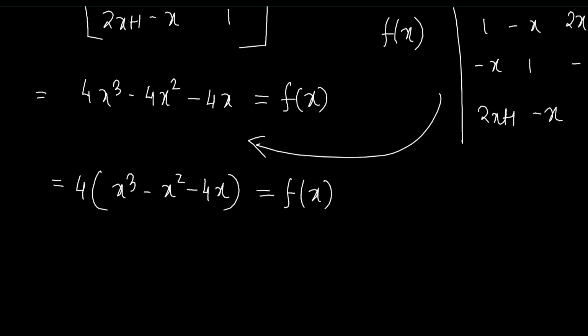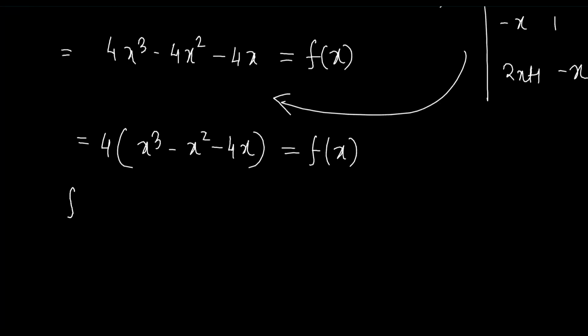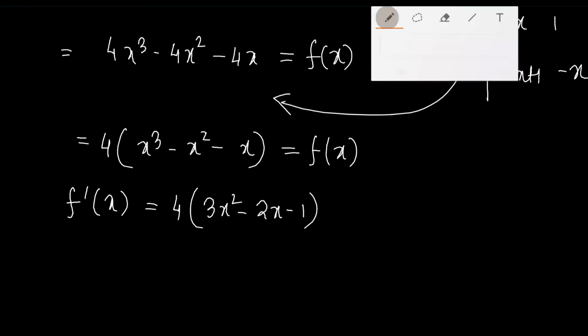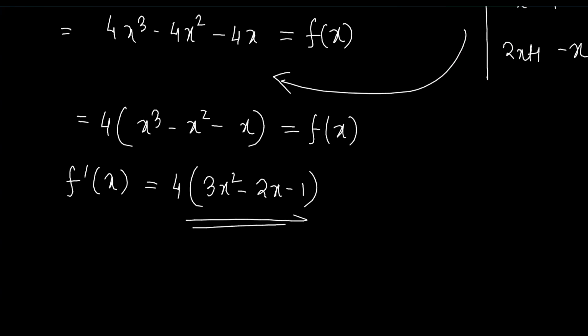To find the maximum and minimum, we differentiate: f dash x will be 4 times 3x squared minus 2x minus 1.